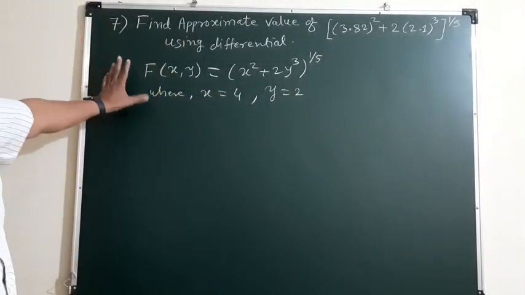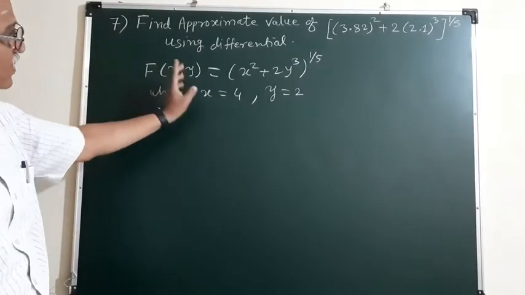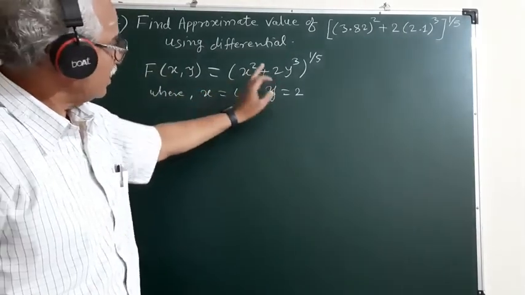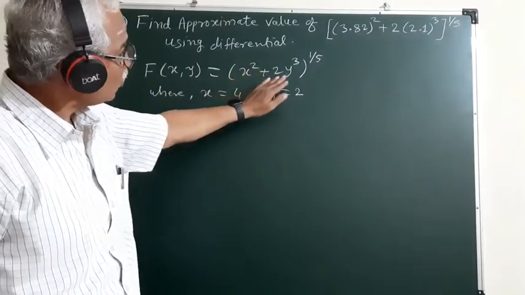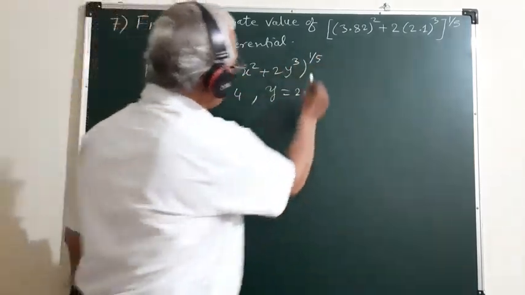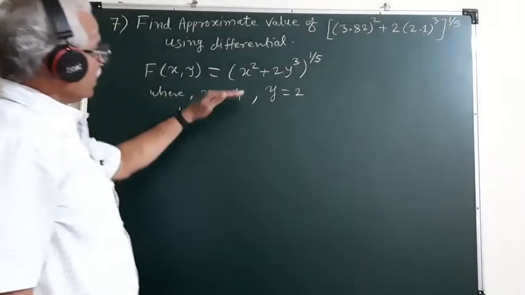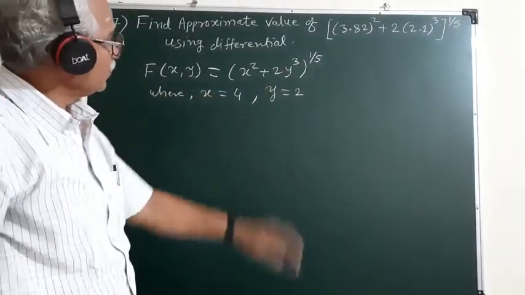So let us consider the function of the form f(x,y) = (x^2 + 2y^3) raised to 1/5, where x is equal to 4 and y is equal to 2.